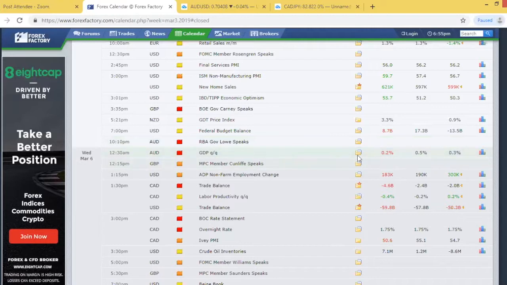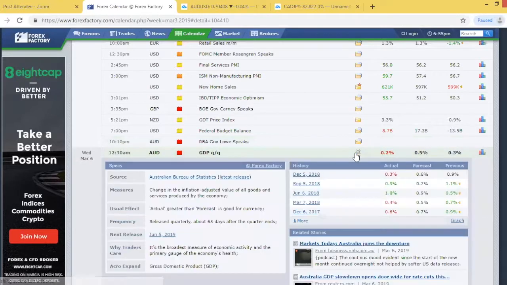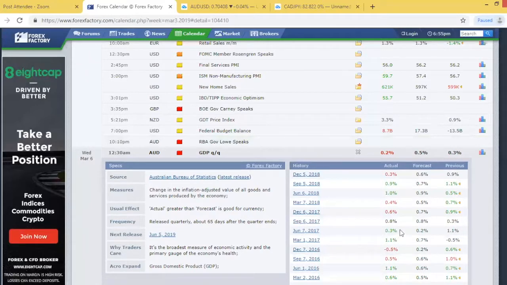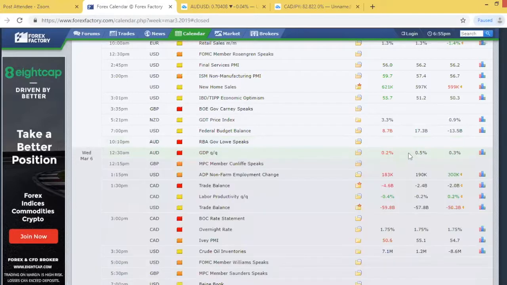So in terms of GDP, we're seeing some disappointing figures. 0.2% has been one of the worst figures quarter on quarter since December 2016. So we saw the worst figures coming out for about 2.5 years for the GDP.